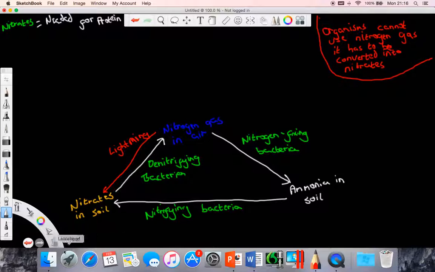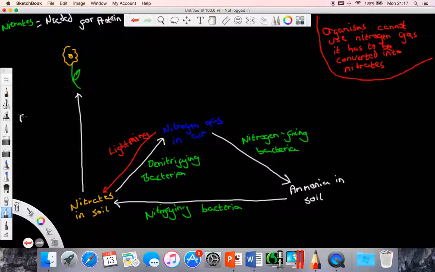Now, the important thing here is that these nitrates in the soil are used by plants. Okay, I'll get another chance to draw a beautiful flower. Plants use the nitrates in the soil in order to build proteins.